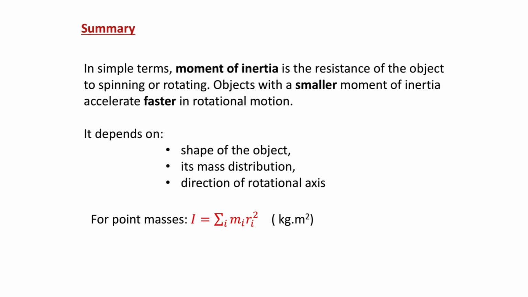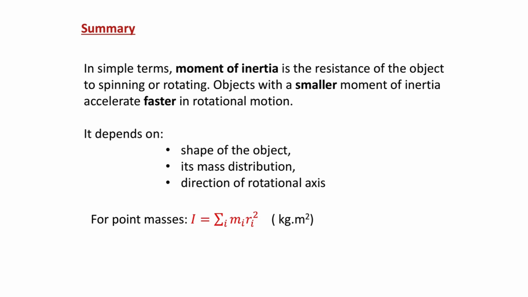Now let's summarize what we mentioned so far briefly here. In simple terms, moment of inertia is the resistance of the object to spinning or rotating. Objects with a smaller moment of inertia accelerate faster in rotational motion. And we learned that moment of inertia depends on the shape of the object, its mass distribution, and the direction of the rotational axis.